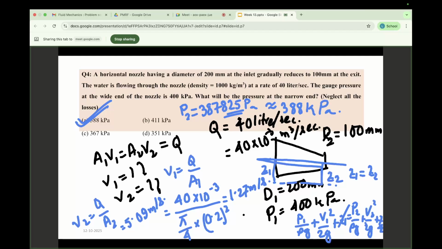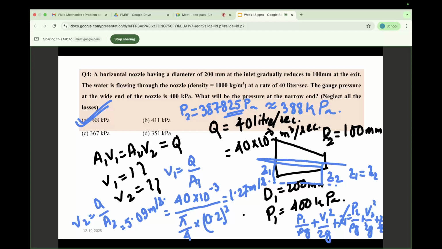In the last step we apply Bernoulli's equation, where the energy at the entry part and the energy at the exit part should be equal, or I can say the total head at the entry and the total head at the exit should be equal.